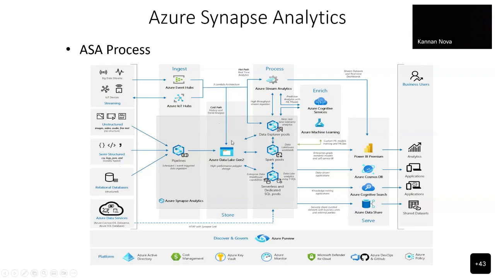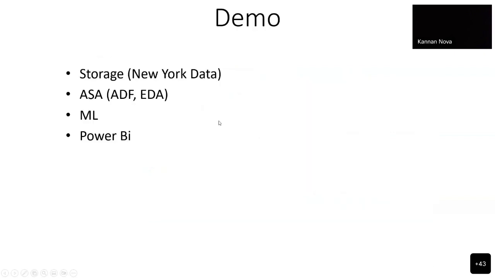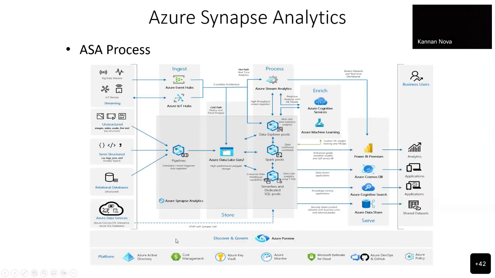Then we have data ingestion, pipeline, Azure Data Lake Gen 2, Spark, Data Explorer, and the serverless and dedicated pools. This area is Azure Synapse Analytics. Okay, the rest we can connect from external resources. If you want more details, then this is a detailed design.